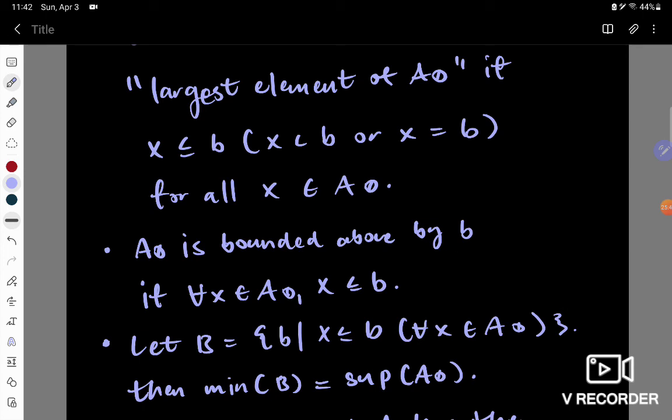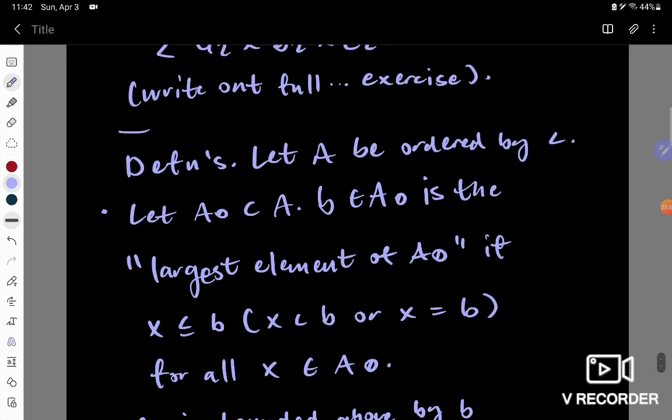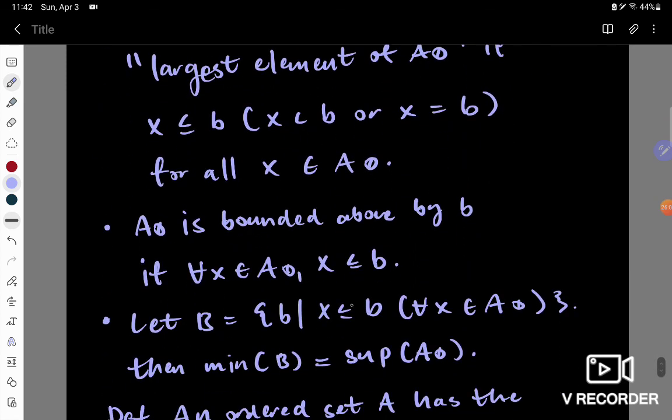This is read as the set of all elements b such that x is less than or equal to b for all x in A naught. So it's the set of all upper bounds in the set A of the subset A naught. Then, if the set B has a minimal element or least element, then this minimum of B is called the supremum of A naught. Sometimes it's called the least upper bound, because it is the least element that bounds a certain subset above.